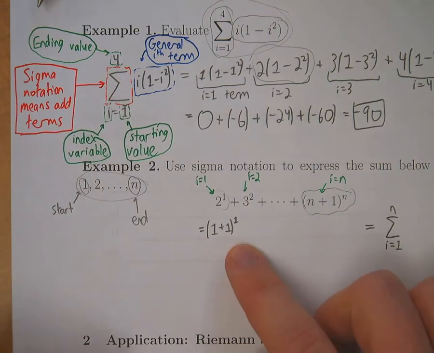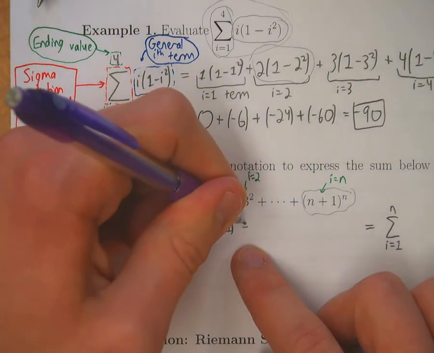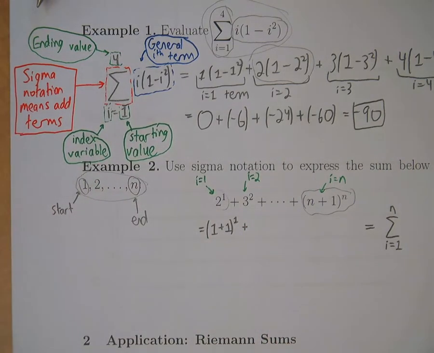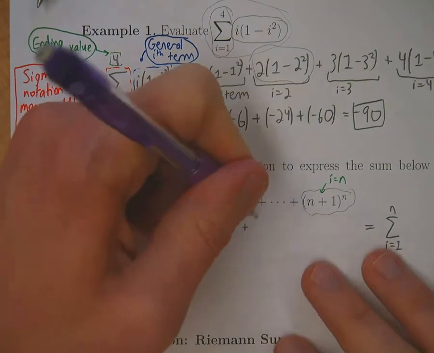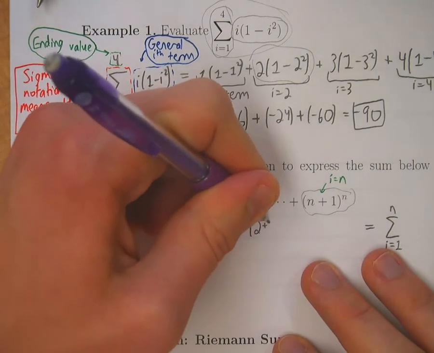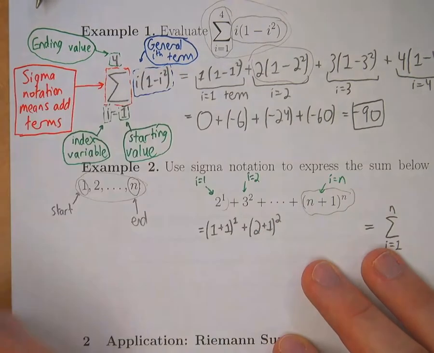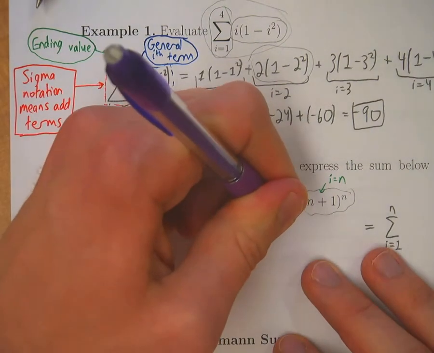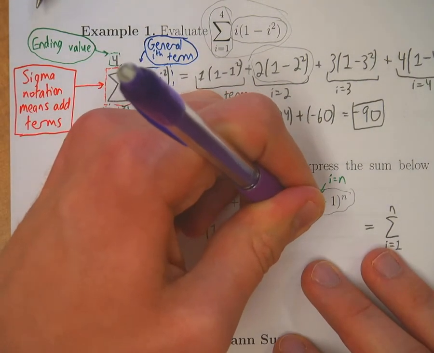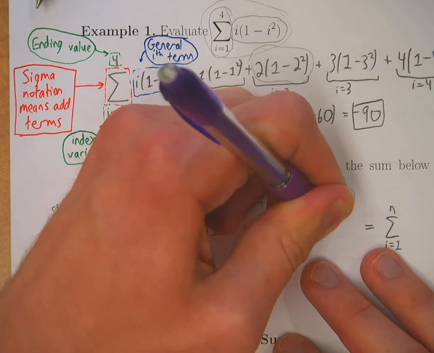So (1 plus 1) to the first power. And then if we do a similar thing with the i equals 2 term, we can write this as (2 plus 1) to the power of 2, squared. And then plus dot dot dot. And then we keep going until we hit (n plus 1) to the power of n.